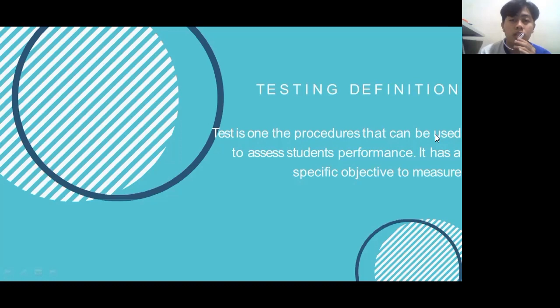If you want to know how well the student has understood the material we have given, we can measure the specific objective or give the student an assessment, to know how much knowledge he has from the material.